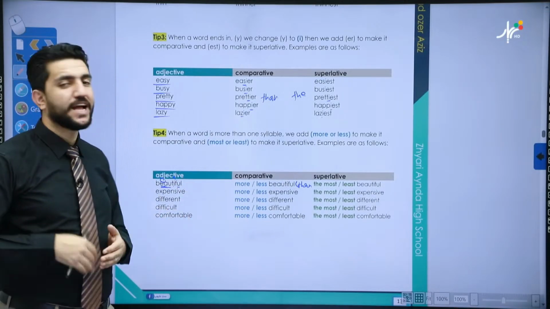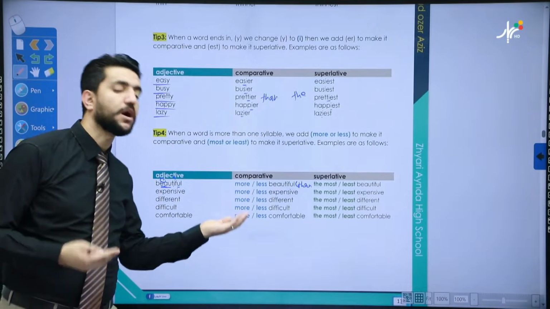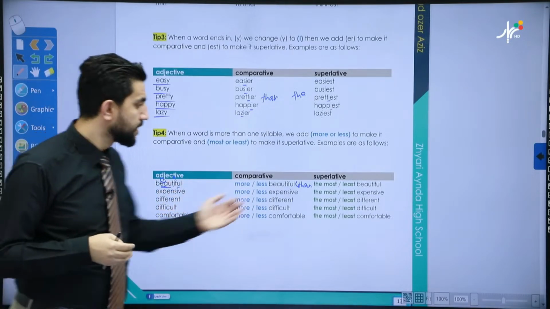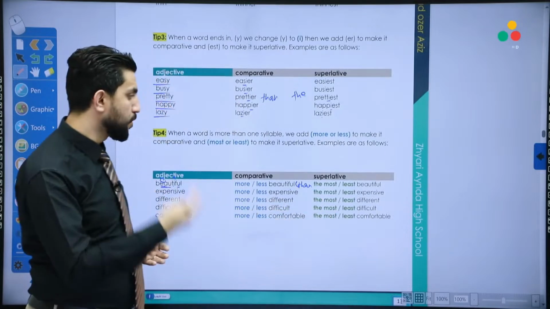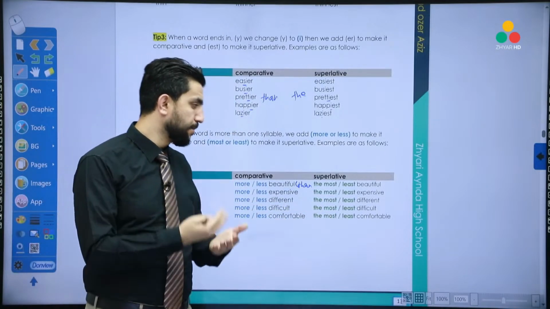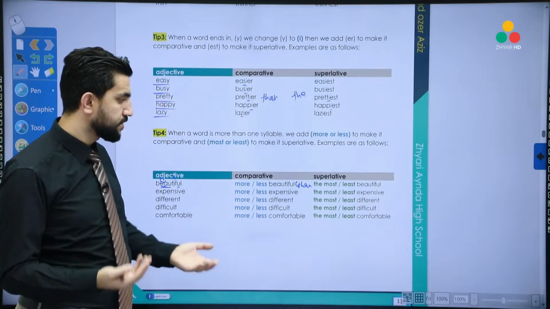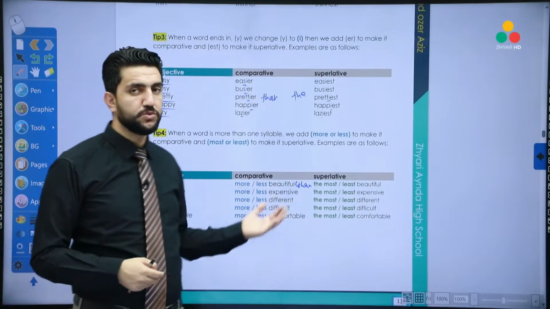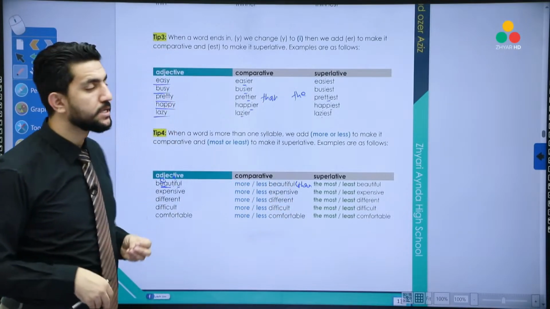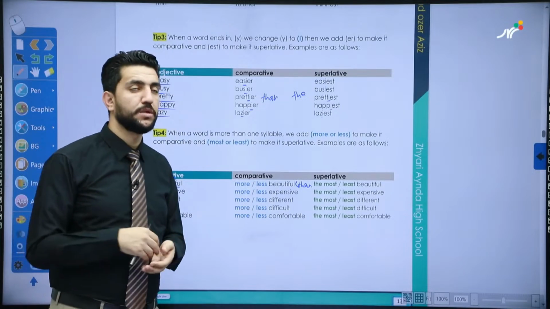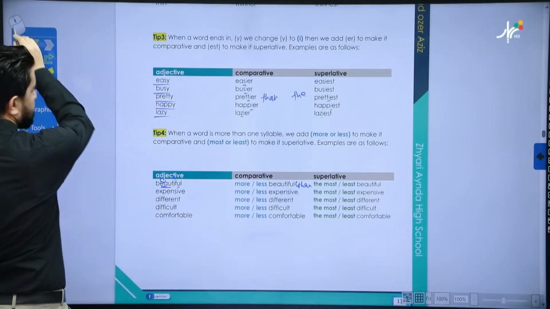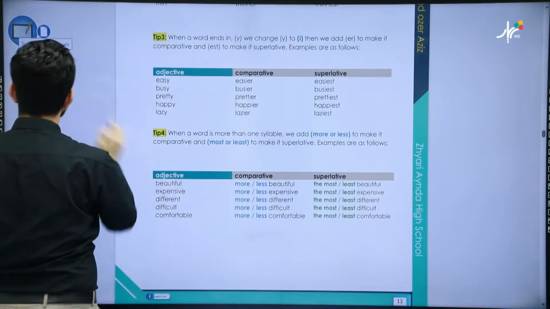More, less, comfortable than. We can use either more or less. And for superlative, the most, the least, the most expensive, the least different. So we use this way since they are adjectives of more than one syllable. Okay?